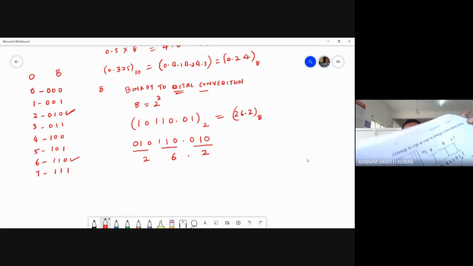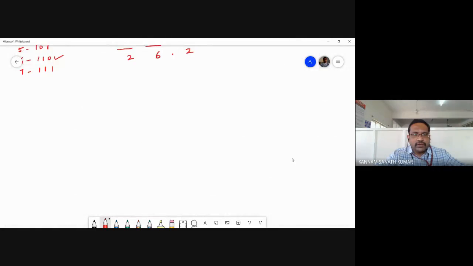Suppose you want to convert binary to hexadecimal. How can you convert? Binary has radix 2 and hexadecimal has radix 16.